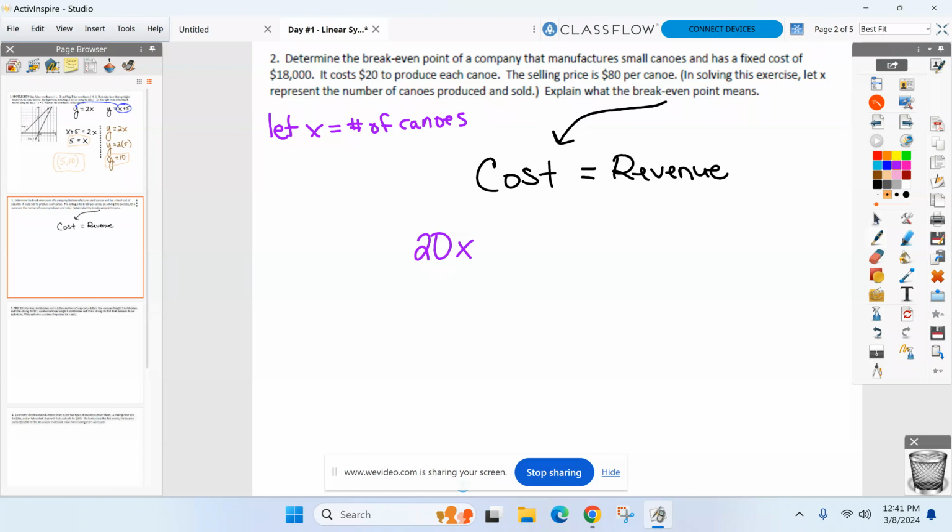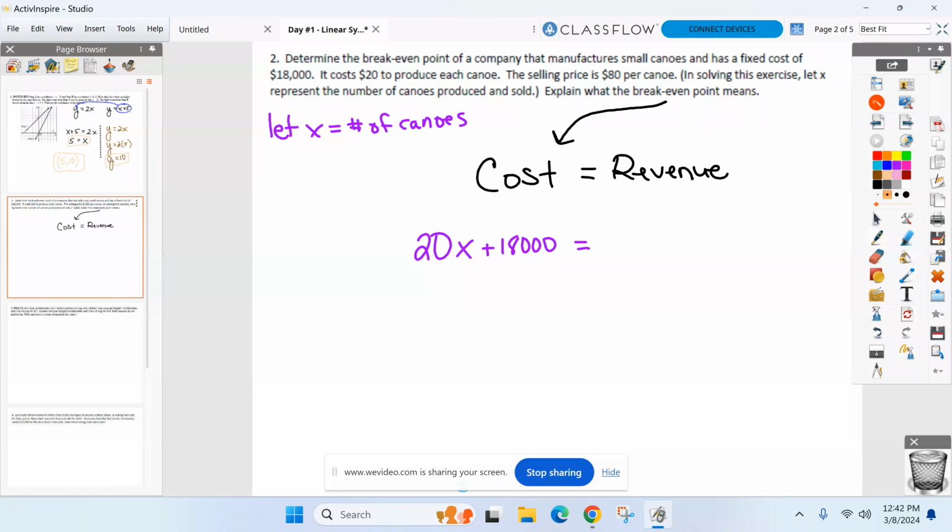So that's where the 20X comes from. But that's not your only cost. There's something else associated with it, which is what, Emma? No matter how many I make or sell, I'm still going to have to fork over $18,000. So that's all over in the cost section. $18,000 I've got to pay up, plus $20 for every canoe I make.